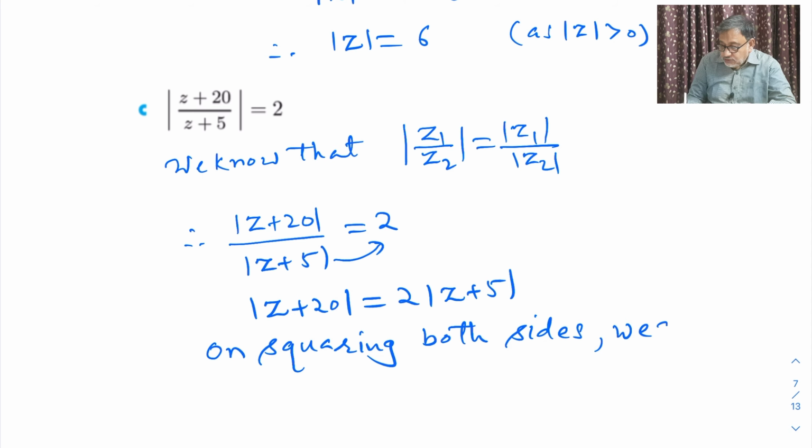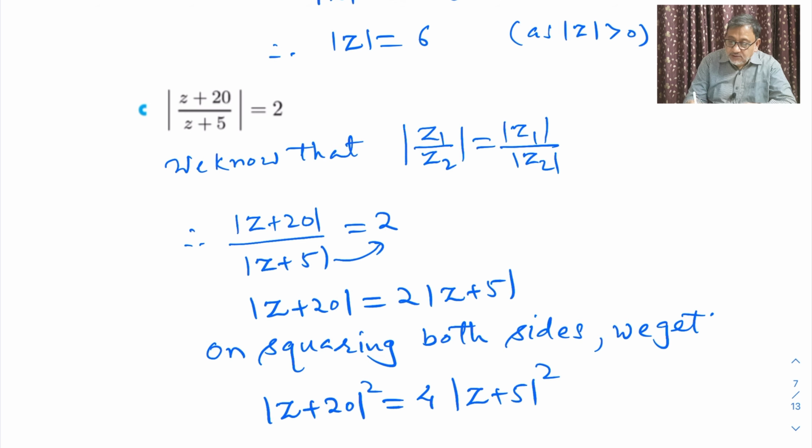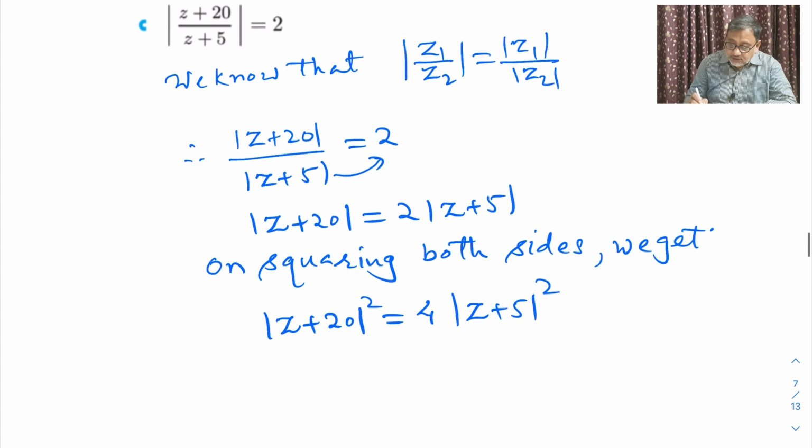So on squaring both sides we get modulus of (z plus 20) square is equal to 4 into modulus of (z plus 5) square. This 2 has become 4, and here modulus of (z plus 20) square, modulus of (z plus 5) square.